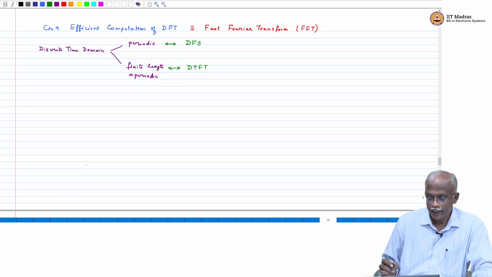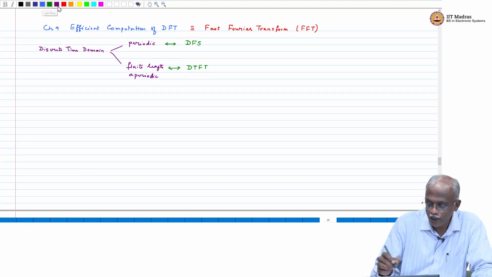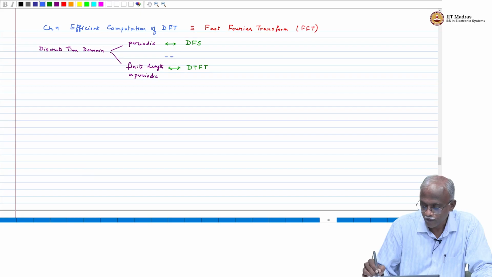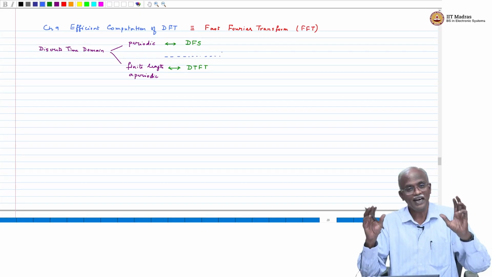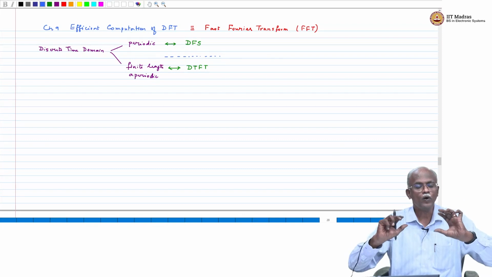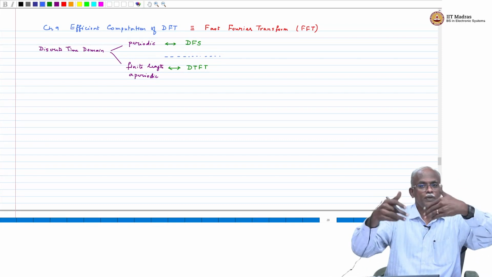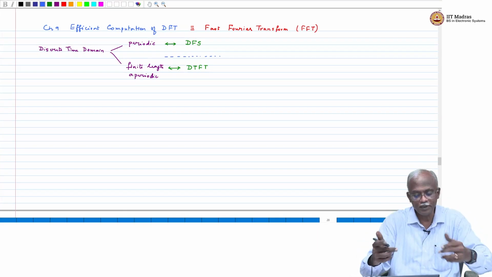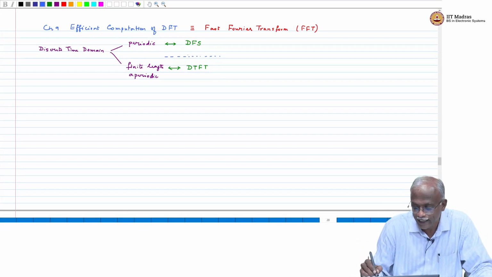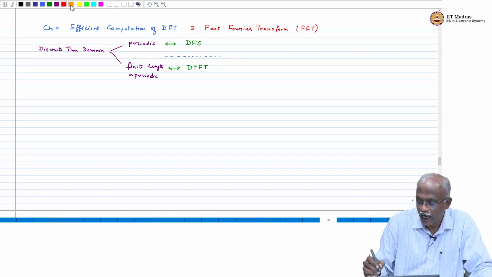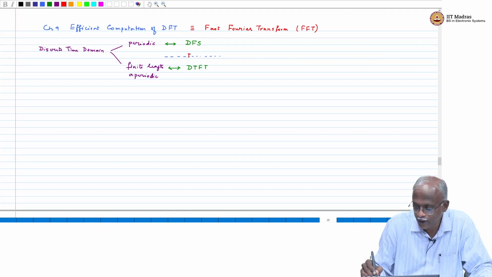Now, in the boundary between these two, in between, I have a finite length sequence, but I'm going to create a periodic repetition, and that produces a new representation which is in between.